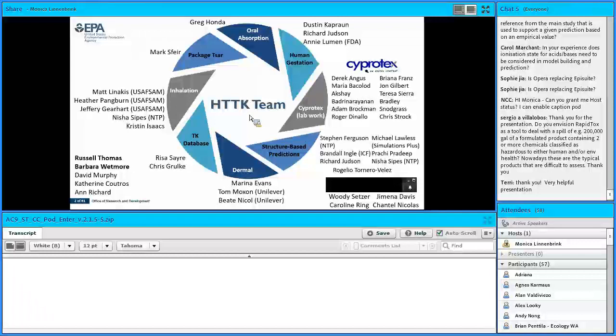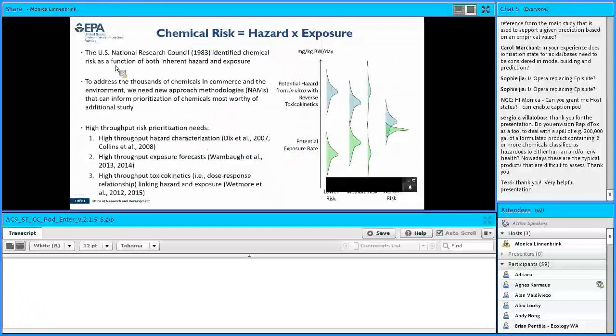And then in the upper right, there's the Cyprotex team, who've done an incredible amount of lab work to make all this possible. And then there's a finite number of very good postdocs, graduate students, and student contractors who have worked with me on this over the years. We'll talk a little bit more about all the different projects that add up to HTTK throughout this.